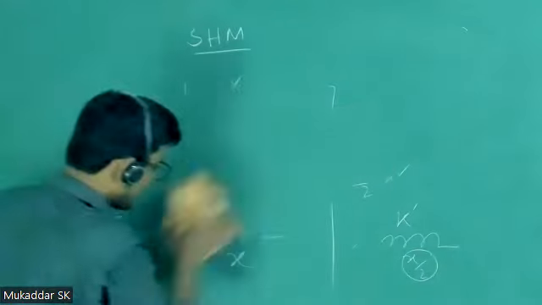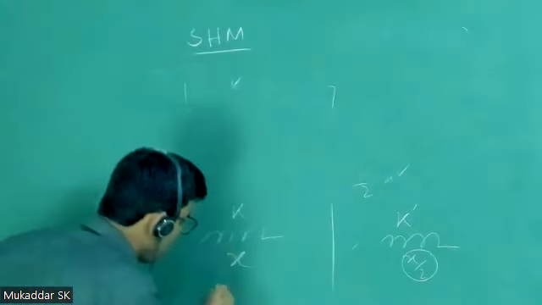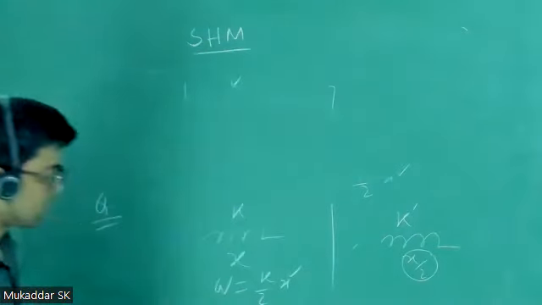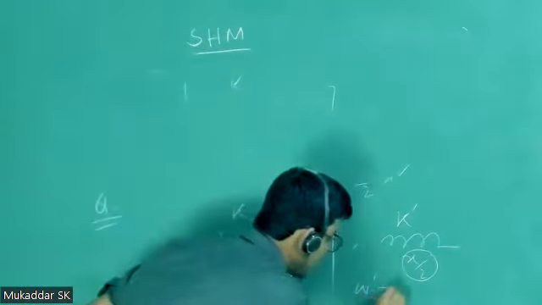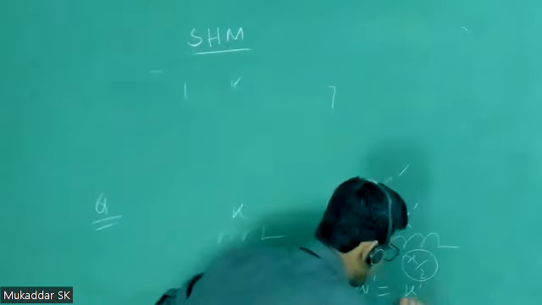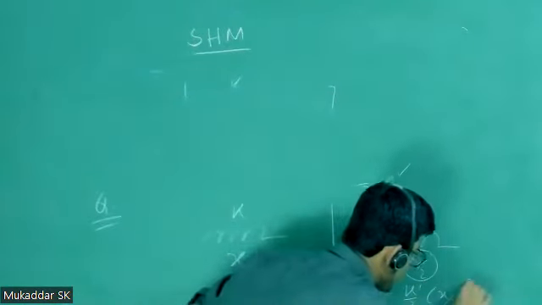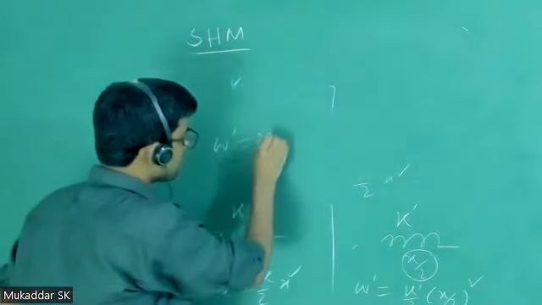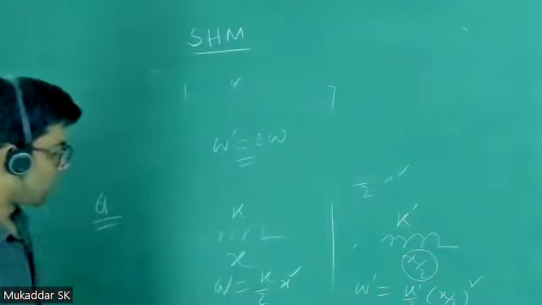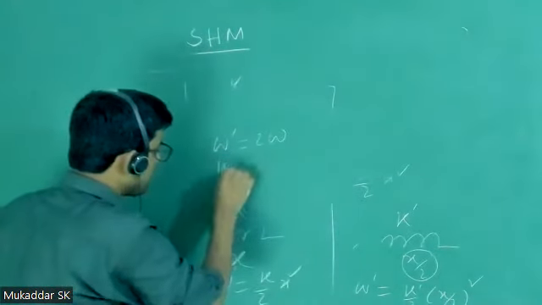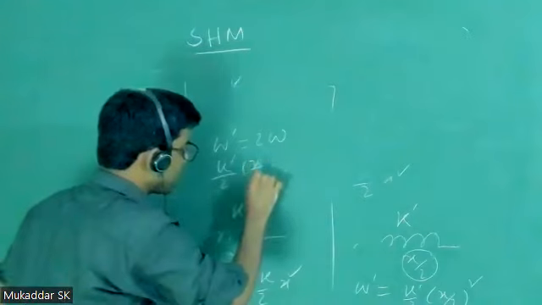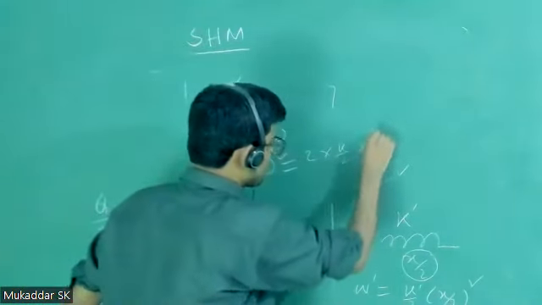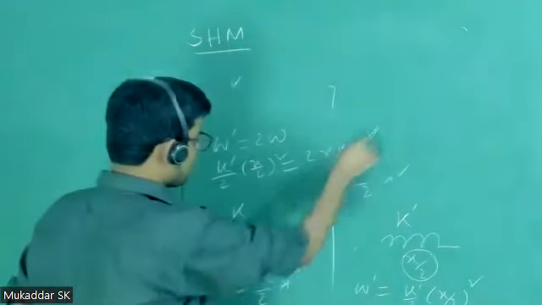So as you know, how much work has to be done for this? That will be k/2 x square. And for the other, the work done will be k prime by 2 times x/2 whole square. And it is given that the second work done is 2 times the first, right? Now just substitute: k prime by 2 times x/2 whole square will be 2 into k/2 x square. Then x square will be cancelled.